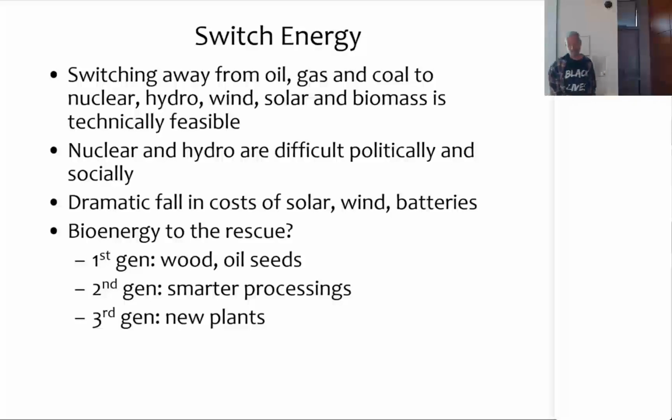So the second generation of biofuels essentially takes this plant material and processes it in a smarter way with better machines and so on and so forth. And there's a lot of process innovation going on there. And that drives down the cost of biofuels considerably.